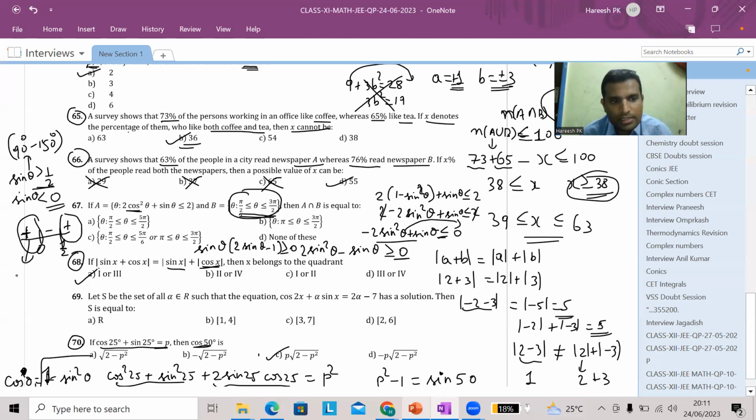So both are allowed, right? Sine theta should be greater than half, that is in this region, or sine theta less than 0, that is the whole third quadrant. So both solutions are okay. So that means it is option C. Option C says theta lies in third quadrant or between 90 to 150. So that is the answer here. Option C.